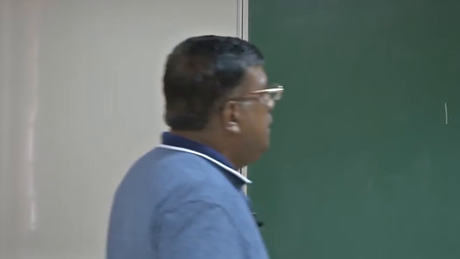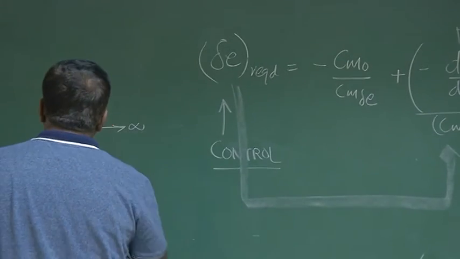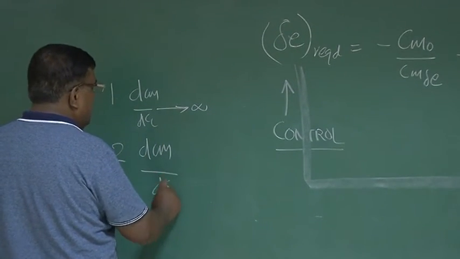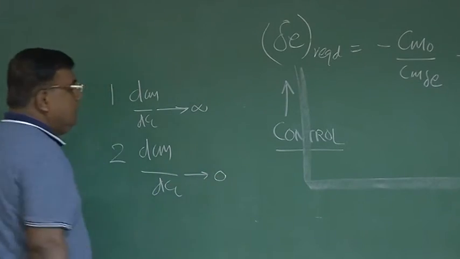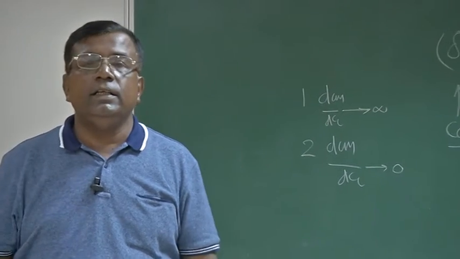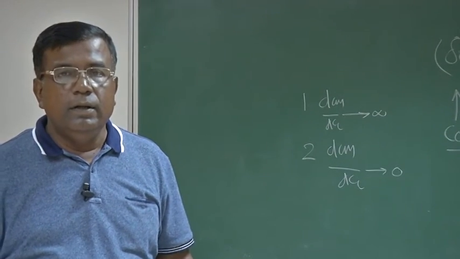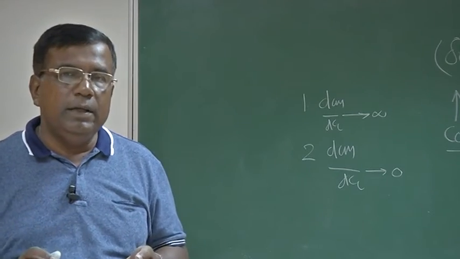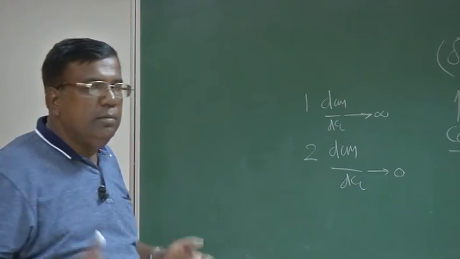Right? Similarly, in a reverse way, if dCm by dCl goes to 0, you know what this case is? dCm by dCl goes to 0 means it is neutrally stable. That is, xcg is just on the neutral point of the airplane, so it doesn't have any restoring moment.